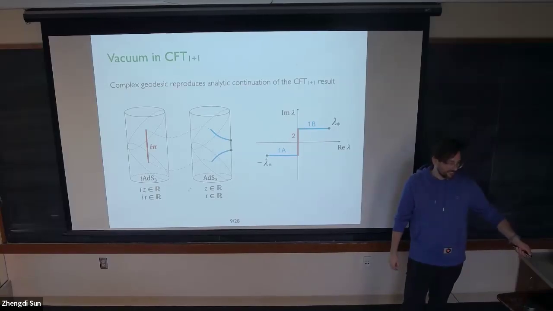Multiplying all the coordinates by an i, so entering this other real section of the complex AdS manifold, is what guarantees continuity of the momentum along the geodesic.